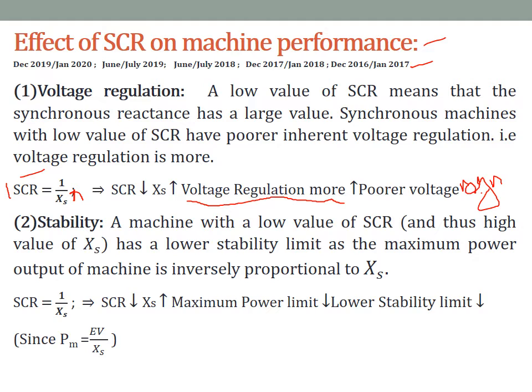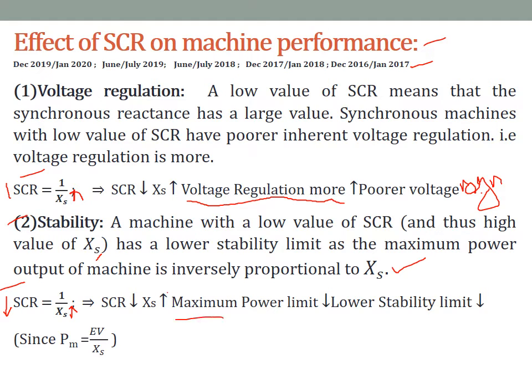Next, coming to stability, a machine with a low value of SCR and thus a high value of Xs has a lower stability limit, as the maximum power output of a machine is inversely proportional to Xs. If SCR is low, Xs must be high.